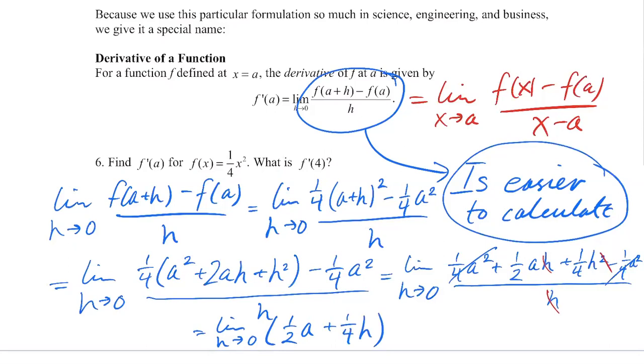And as h goes to 0, that just gives us 1/2 a. That would be the answer to f prime of a.